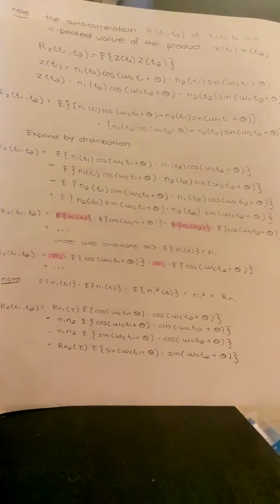I actually got stuck over here. I didn't know how to continue, but my guess would be that Z(t) would not be wide sense stationary, but I'm not entirely sure on that.